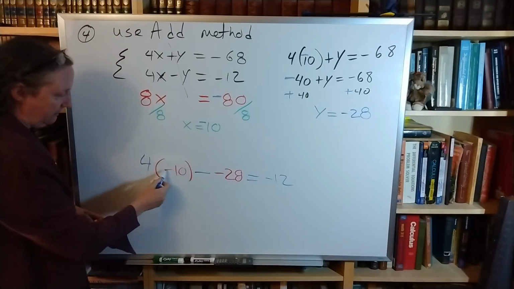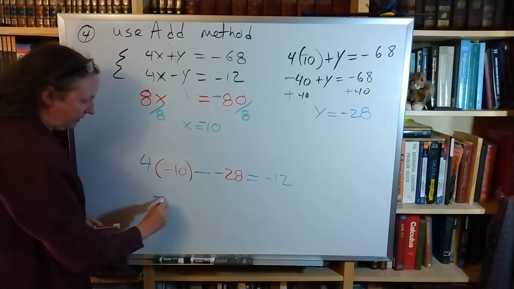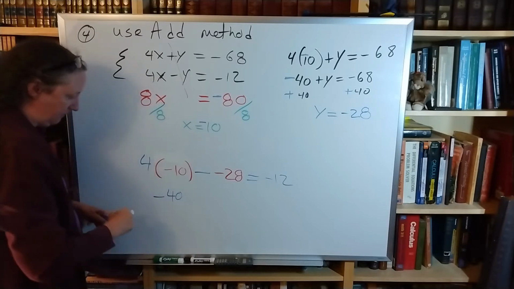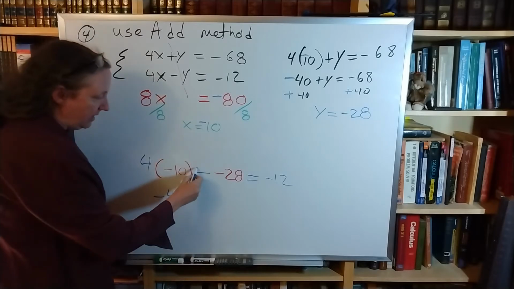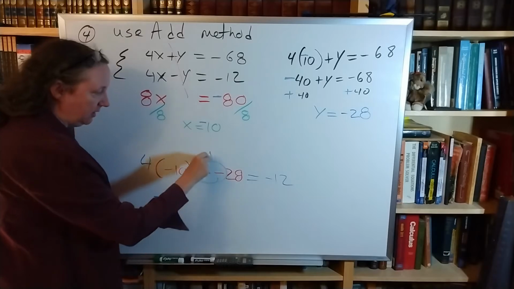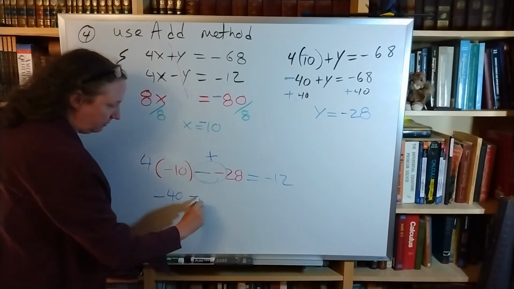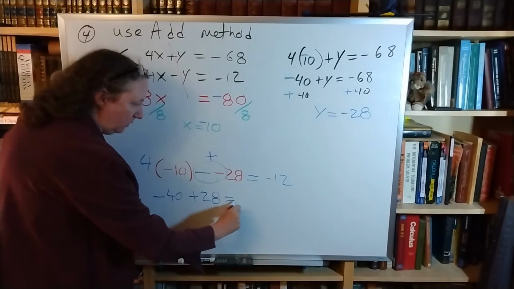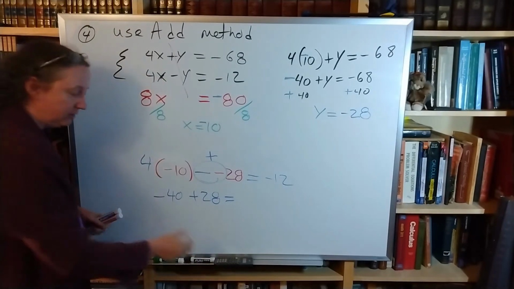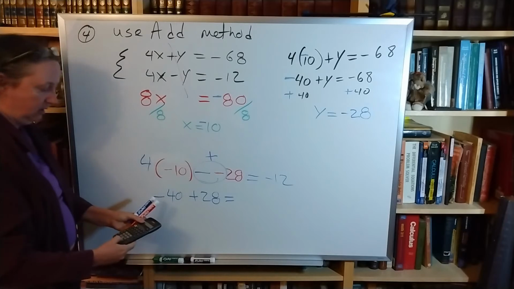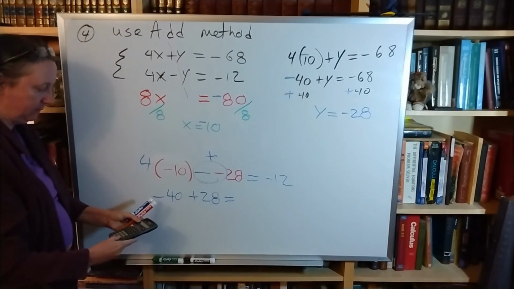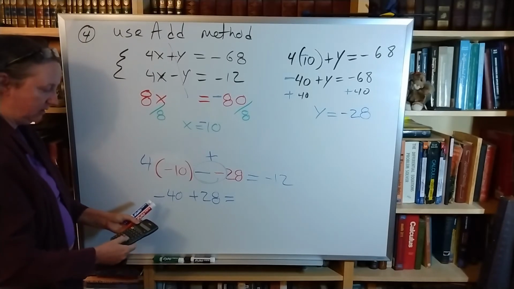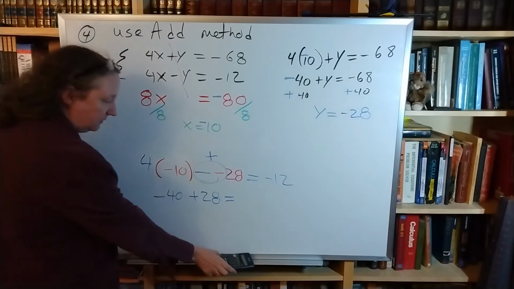So negative times positive is negative 40. Minus and minus becomes plus. So plus 28 equals, grab your calculator to check it, -40 plus 28 is -12.